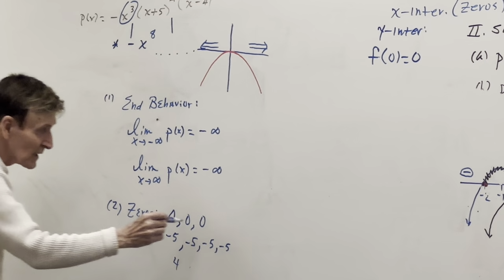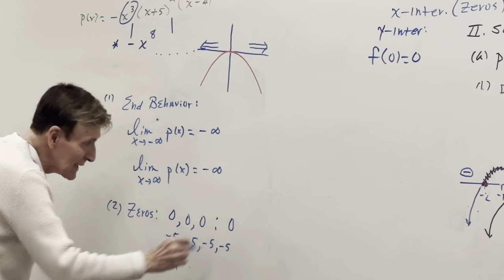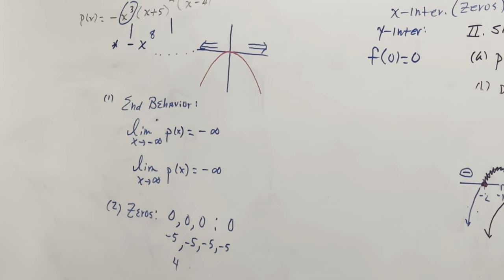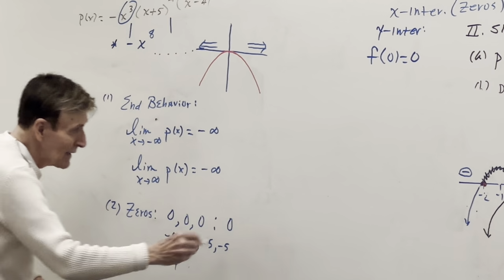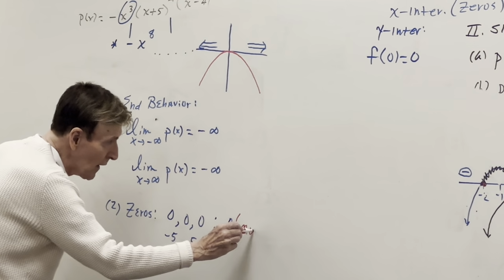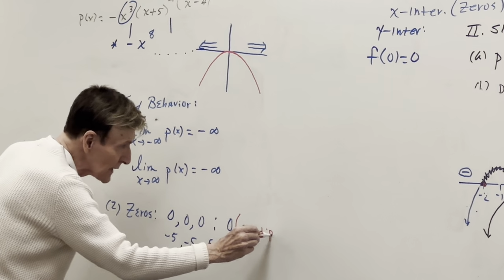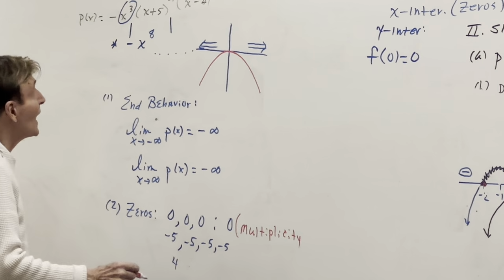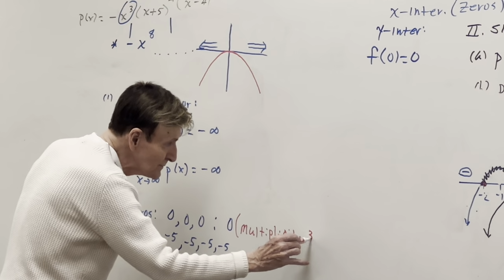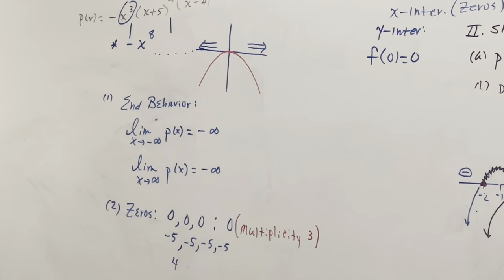So guys, on the side here, we're going to put: yes, 0 is an answer, but the multiplicity is, I like to use this word, I'll abbreviate it shortly, multiplicity of 3. It shows up 3 times. That's what it means.